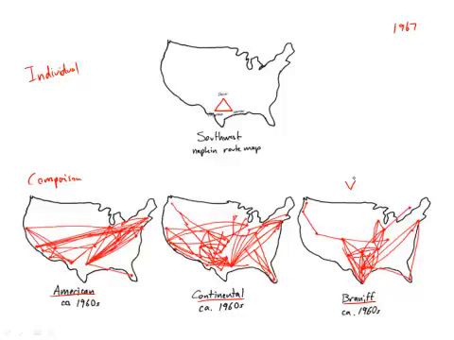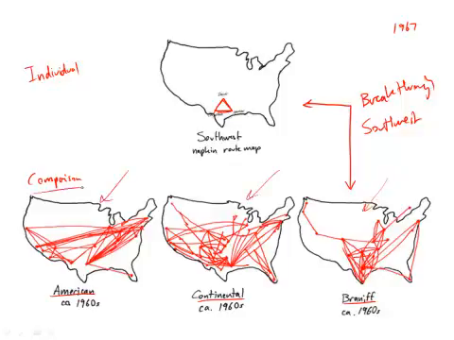It's in making the comparison that we can see what a breakthrough idea Southwest Airlines was, to say, why don't we just focus on one region and have one simple path instead of the complexity that we see when we compare ourselves to everybody else.